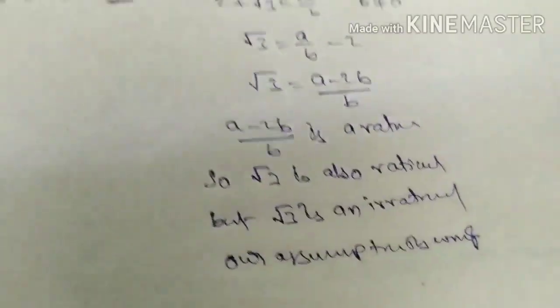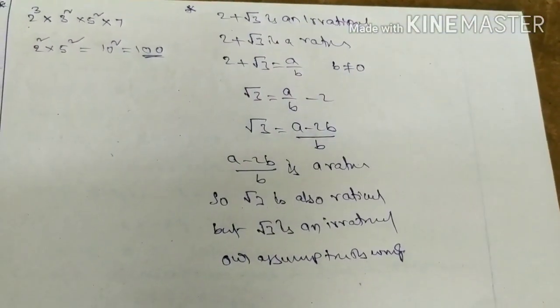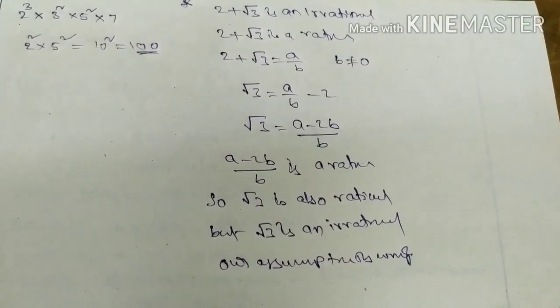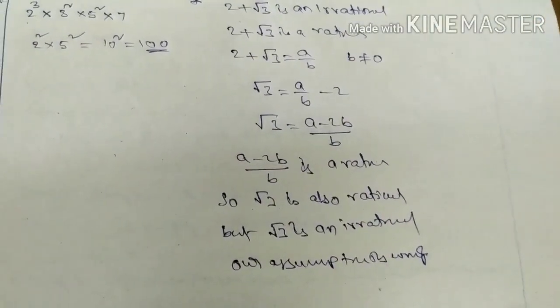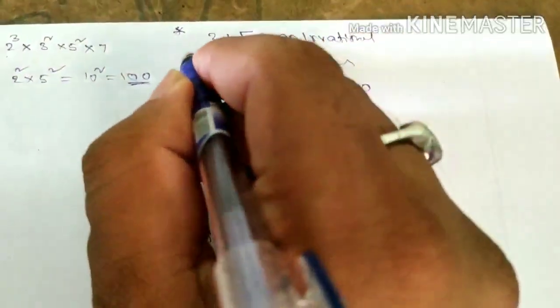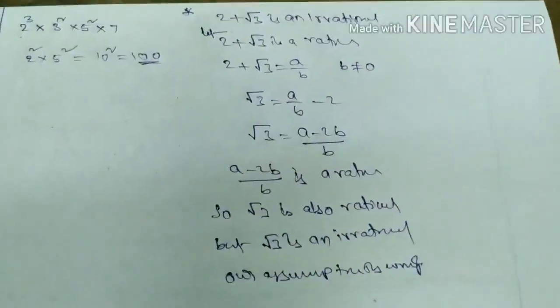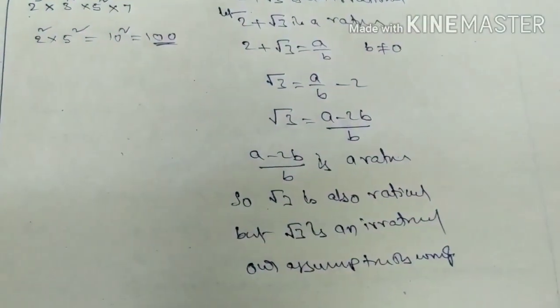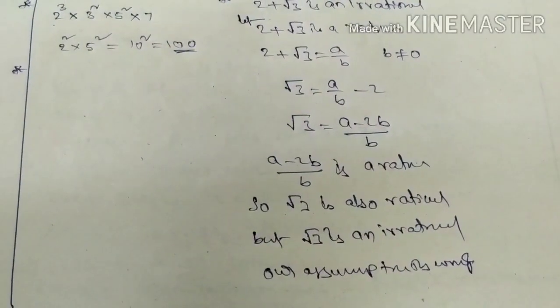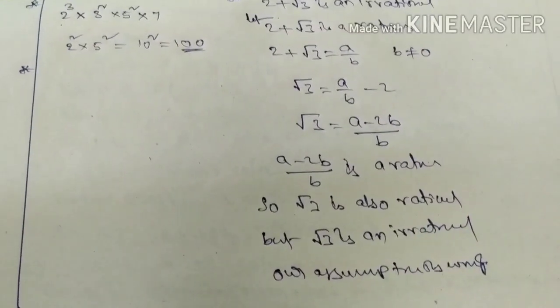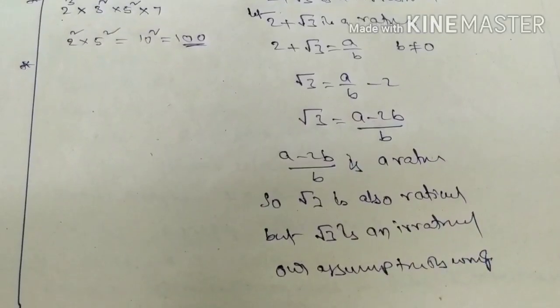Why? Observe the question: 2 plus root 3 is an irrational number. But what was our assumption? Let us assume that 2 plus root 3 is rational, so it is equal to a by b, b not equal to 0. Root 3 is equal to a by b minus 2, taking the LCM, a minus 2b by b.